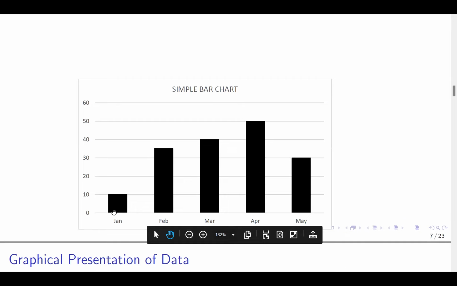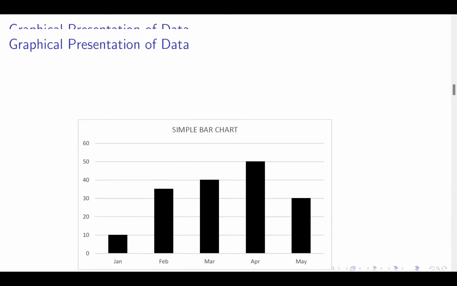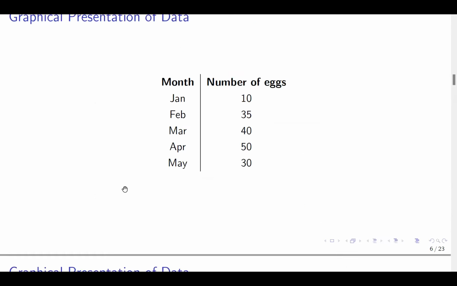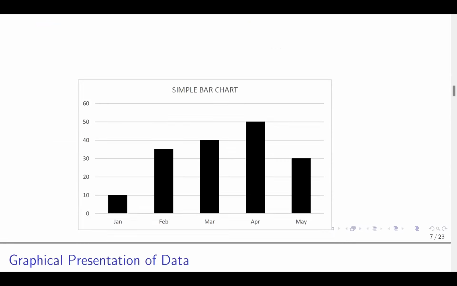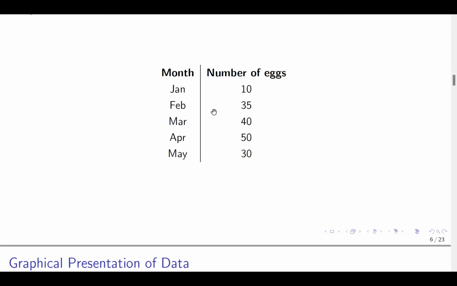So you draw your bar against the number of counts of eggs you are looking at. If you look at the month of March, for example, March had 40 counts, okay? So when we come to March, you trace it up, and you see that March has counts of 40 and ends there. So if you are putting together a simple bar chart with a simple list of data such as this, this is how you go about it.